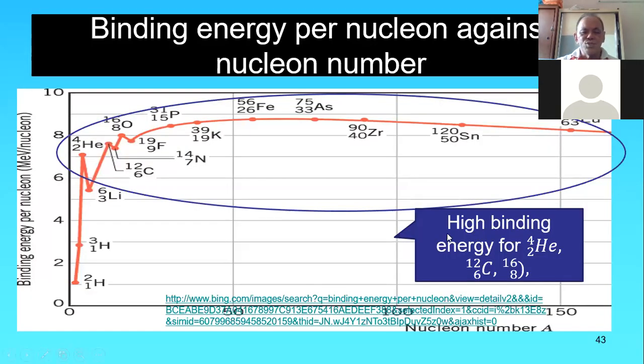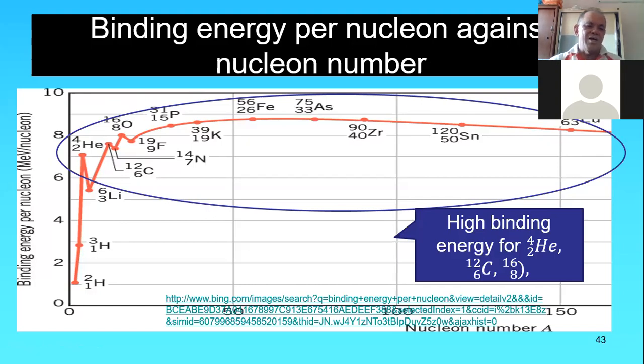Okay, so this shows that there are a few things we can learn. Binding energy for helium, carbon and oxygen are especially high. And as I say, around here, the nuclear reaction doesn't generate energy. It's only for experimental purposes that we're interested in.